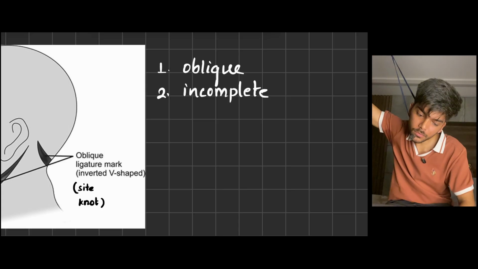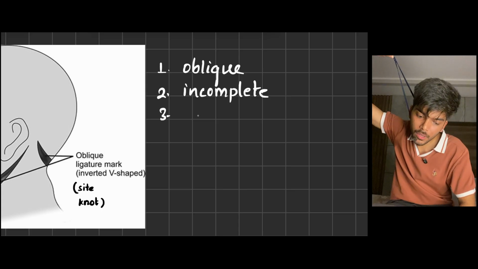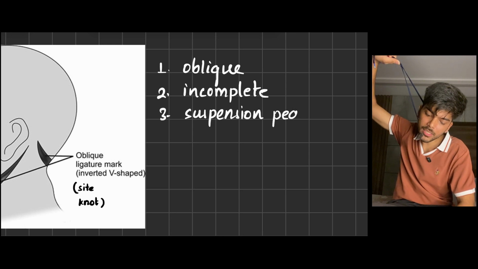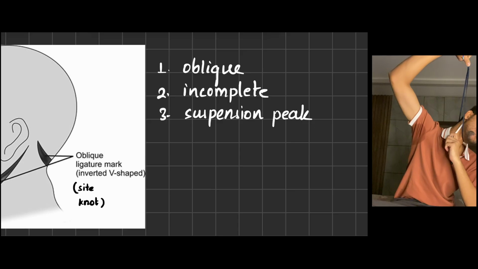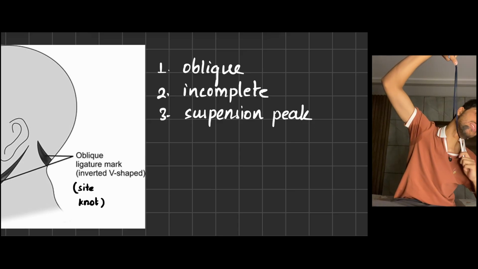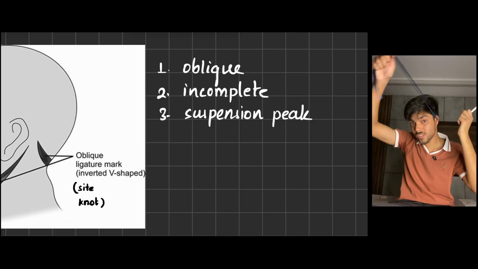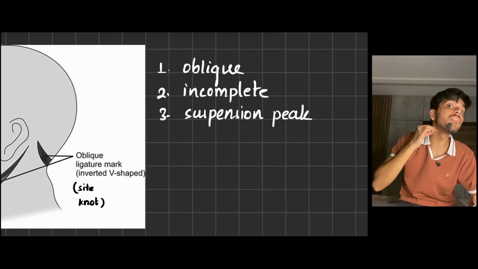Number 3, there is a suspension peak with the ligature mark as well. What is a suspension peak? At this point you can see that the ligature mark is going obliquely up, and then there is a gap in between, and then it looks like an inverted V. So this shows the point of suspension of the neck.